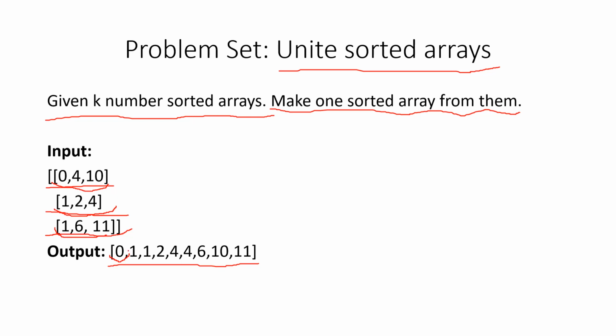Then, because we remove the minimum element, the next element becomes the root of the tree, and we take the 1. We remove the 1 from the binary heap and put it here on the second place. And on the third step, the next 1 becomes the top of our binary heap.